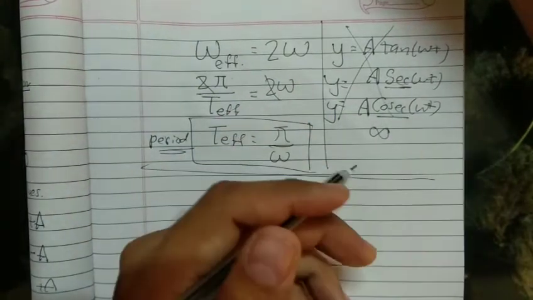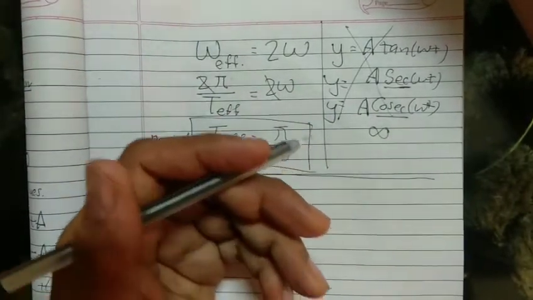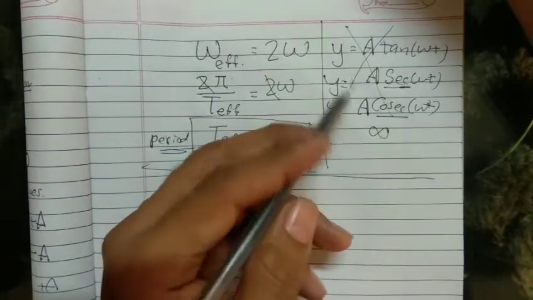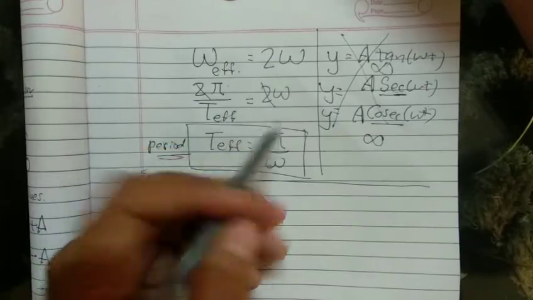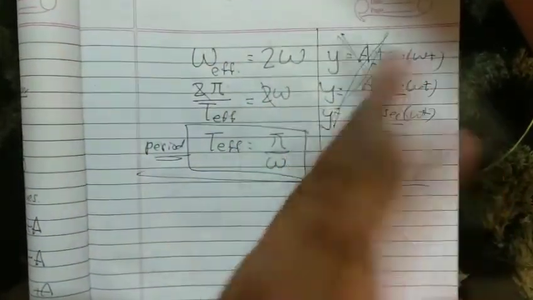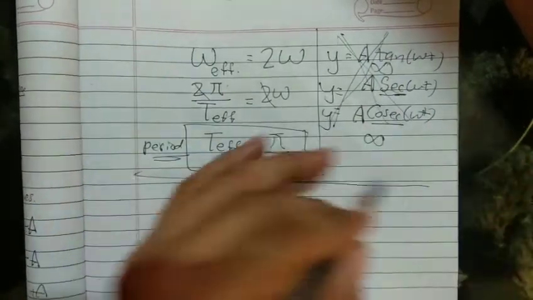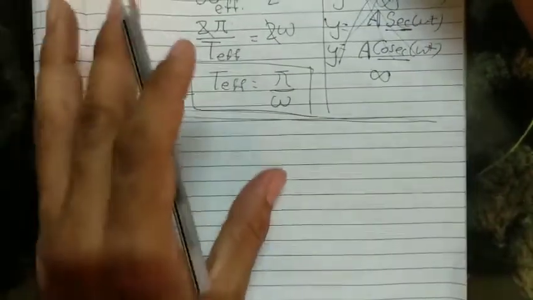Even tan can reach infinity. The value of tan can be infinite. So these are not at all oscillations, not even SHM. Keep these things at least in your mind.